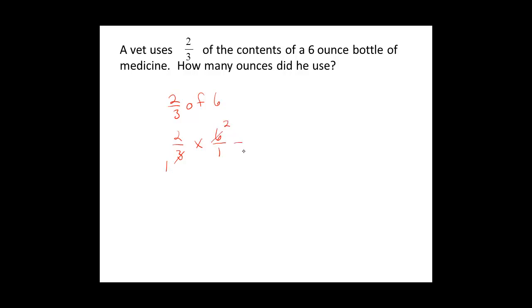Now we will multiply the numerators together. 2 times 2 is 4. And our denominators 1 times 1 is 1. 4 over 1 is equal to 4. So how many ounces did he use? He used 4 ounces.